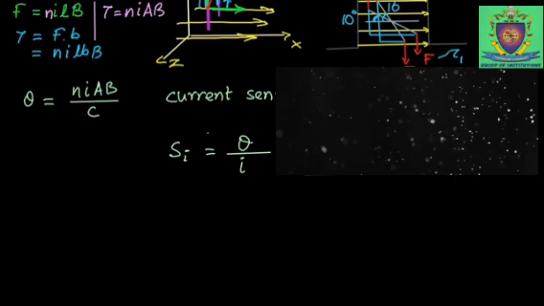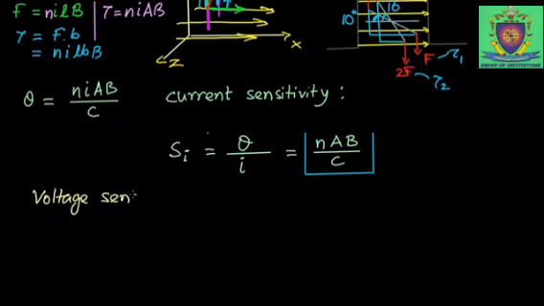So C is inversely proportional to your current sensitivity. So this is about the current sensitivity, and what things are directly proportional and inversely proportional. Similar to this current sensitivity, now let us study the voltage sensitivity.